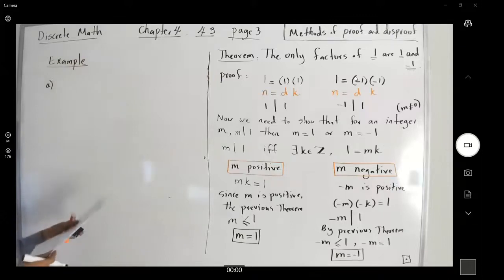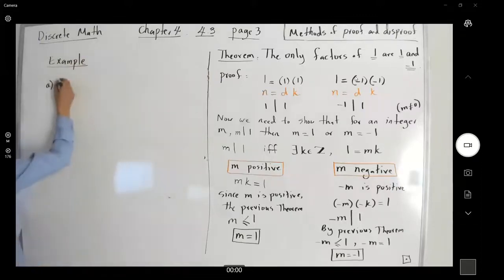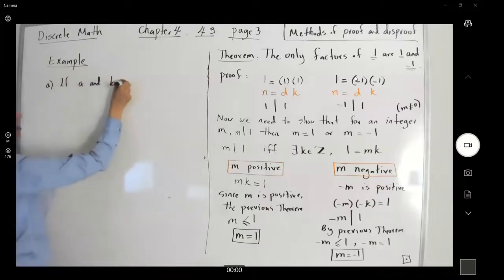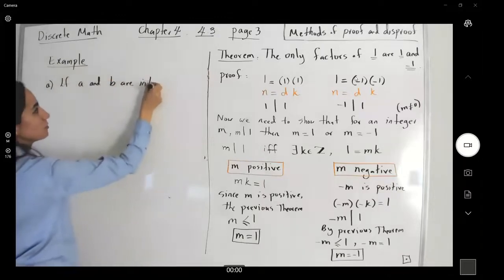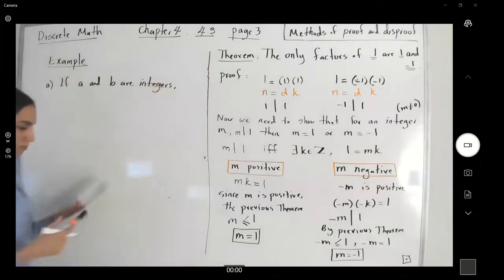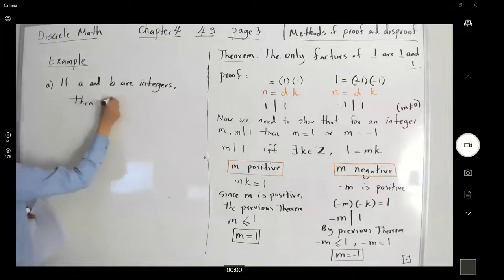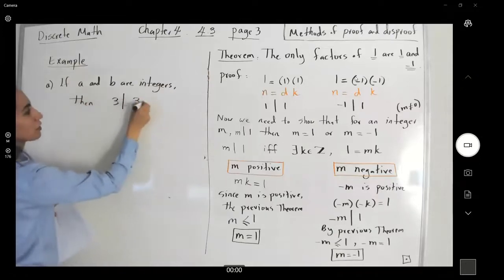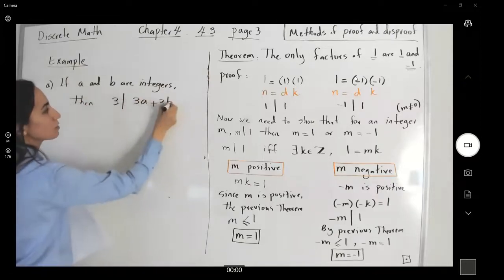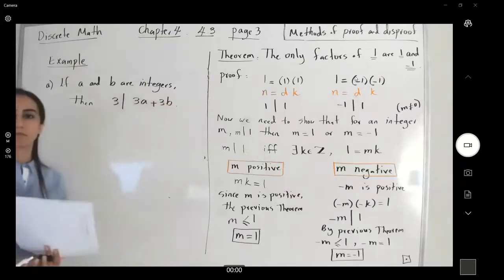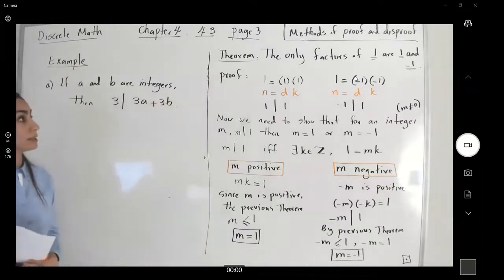It says, let A and B be integers. So if A and B are integers, then 3 divides 3A plus 3B. Is this true? Is this false?